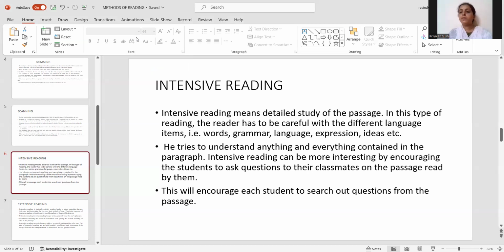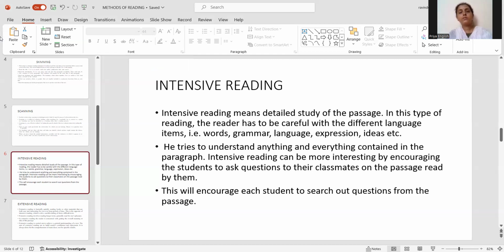Suppose a passage is given to them and they are required to answer certain questions from the passage. This activity needs thorough understanding of that particular passage.